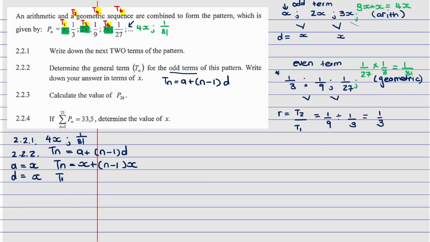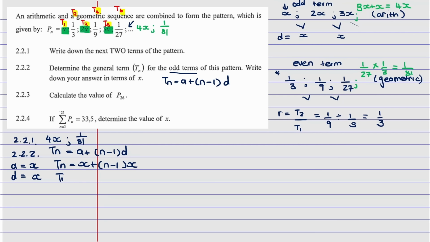So now we're going to move to 2.2.3. It says calculate the value of P26. So remember that P26 is from the original, right? But we remember the fact that the original is basically made up of two sequences. It has the arithmetic and it has the geometric.